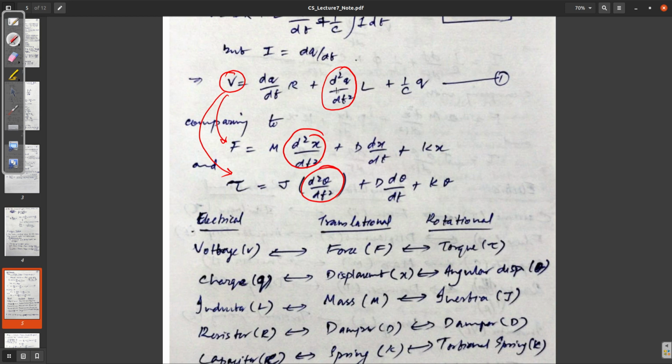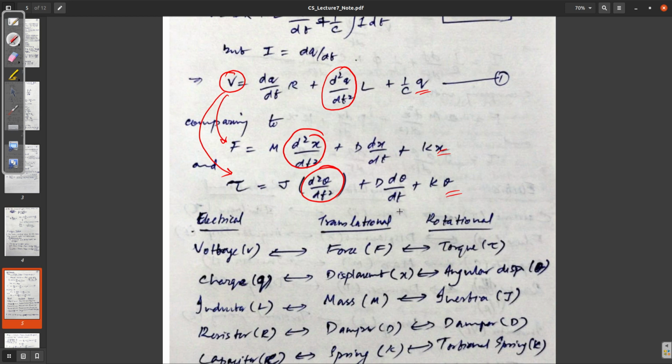you can compare the coefficients of the second derivative and the first derivative. So here the basic variable is q, here it is x, here it is theta. So q, x, theta.